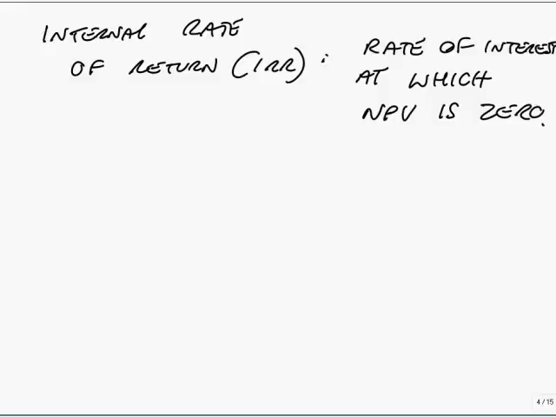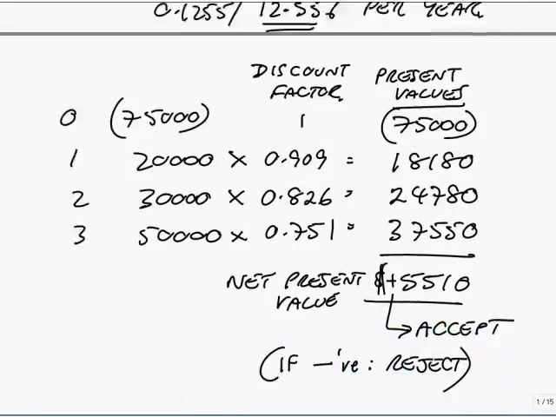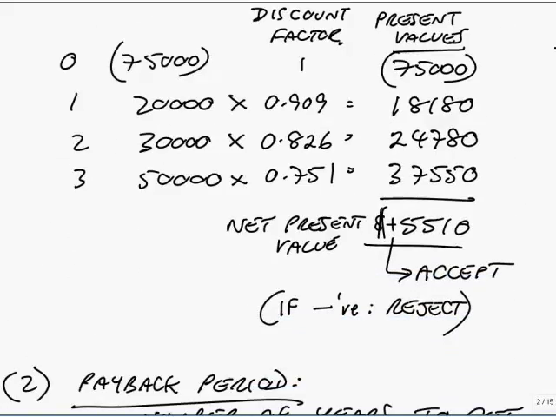Because, of course, our project, we were told the rate of interest was 10%. We discounted and got plus 5,000. I hope, obviously, had we done it at a different percent, had you done it at 20%, I hope, clearly, two things. Number one, you'd have got a different net present value.